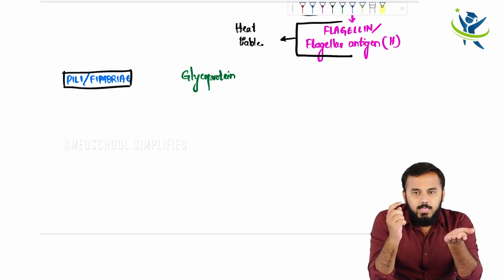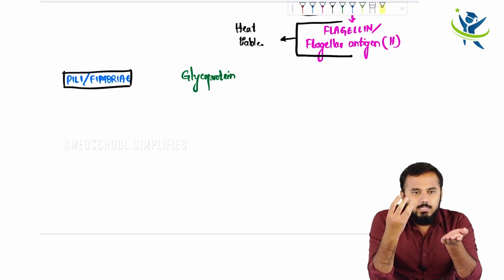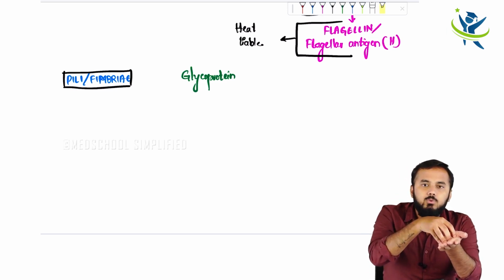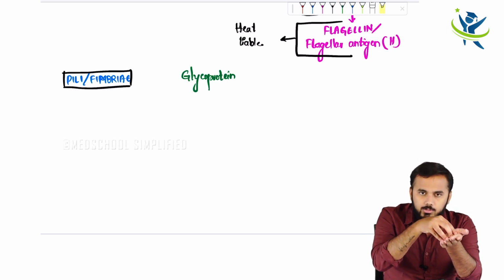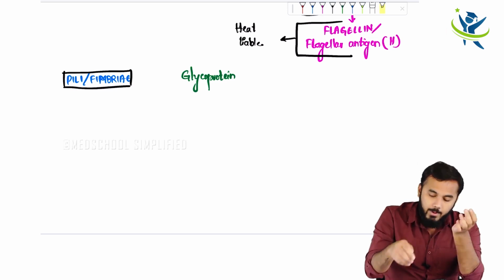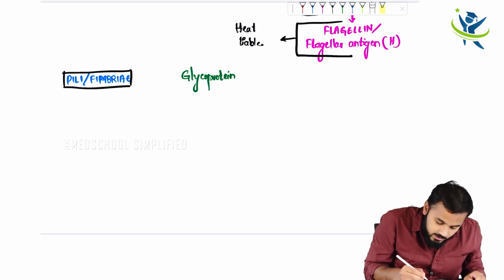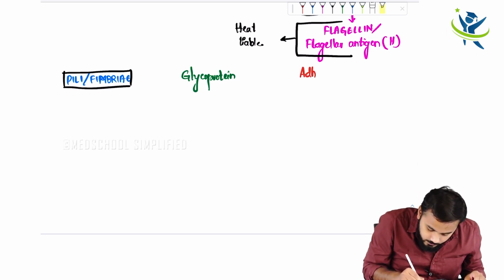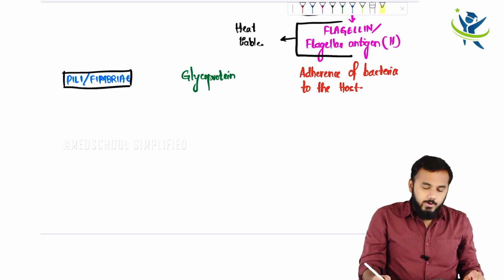With the help of pili or fimbriae, the bacteria come and attach to the surface of the host. I am the host, so this bacteria attaches to me. So the function is the adherence of the bacteria to the host, right?